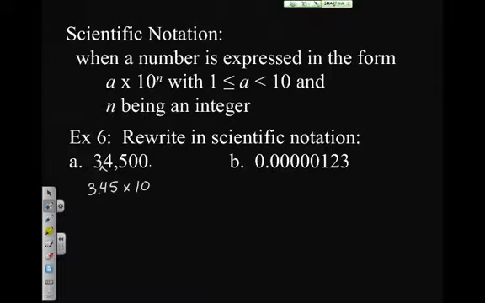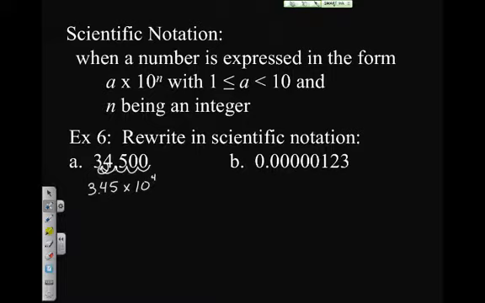What we want to do is see how far it moves. We can see that the decimal point moves 4 spaces, so this means it's going to be 3.45 times 10 to the positive 4th power. So again, the key thing: the decimal point has to go behind the first non-zero digit, and then we count how far it moves.